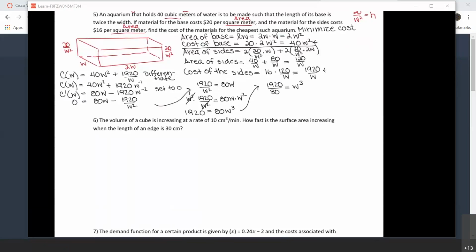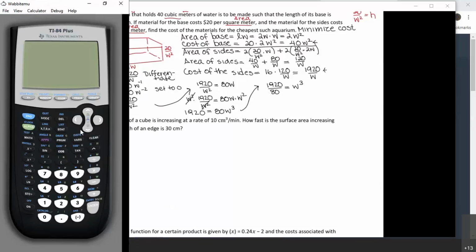Now I'm going to take your advice, Benjamin, and I'm going to divide by 80. And if I were you, I wouldn't simplify this necessarily. I would say take the cube root of this whole fraction. Let me bring up my TI to show you what I mean. Cube root is on your math menu. See it right here, number 4.